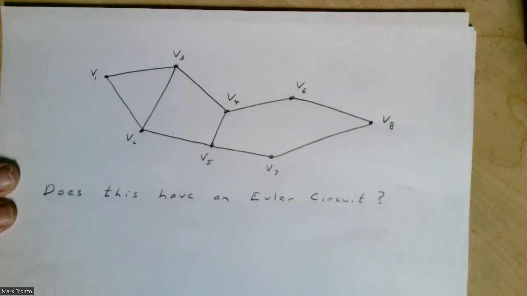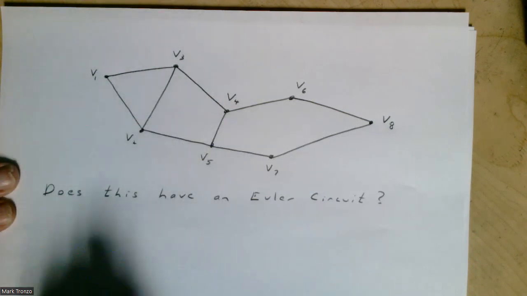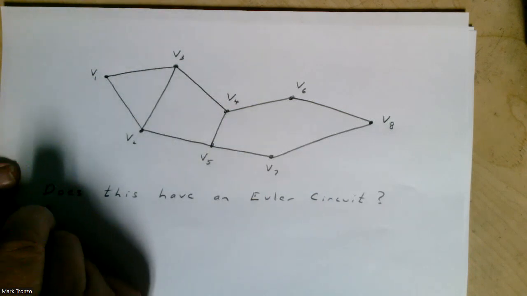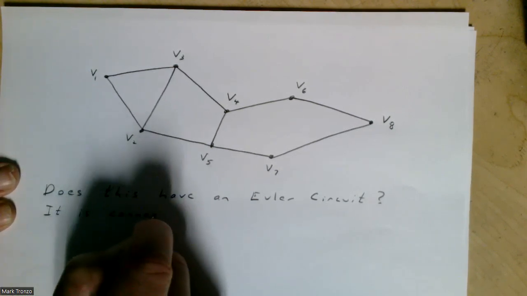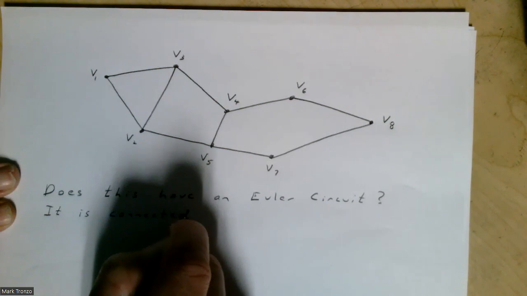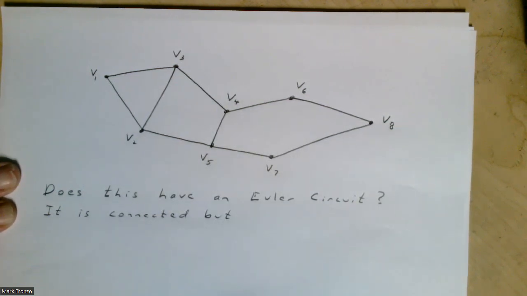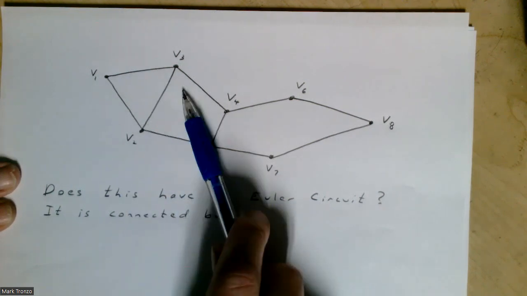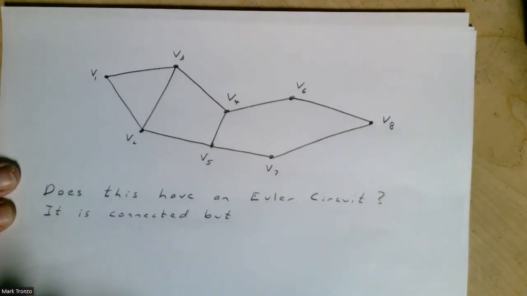It's connected. You can go from any vertex to any other vertex. It is connected, but some vertices don't have an even degree. As long as you find one, that means you're not going to have an Euler circuit.